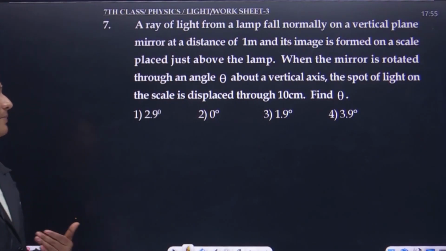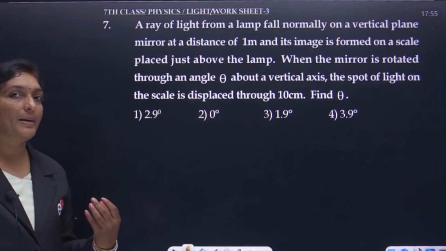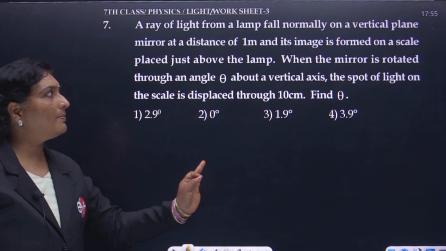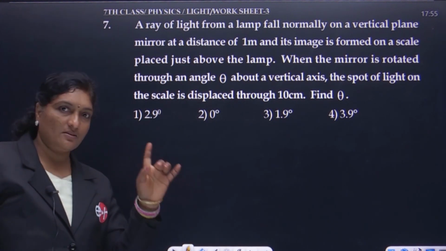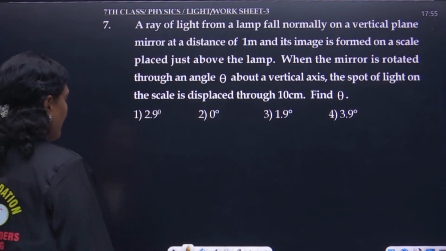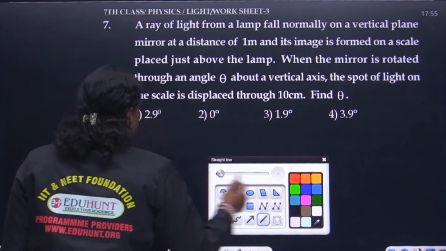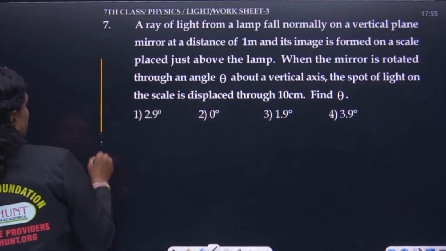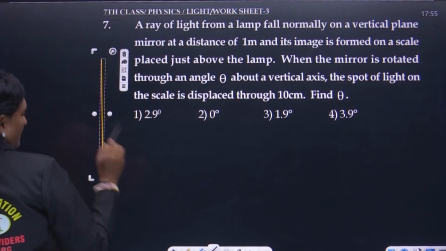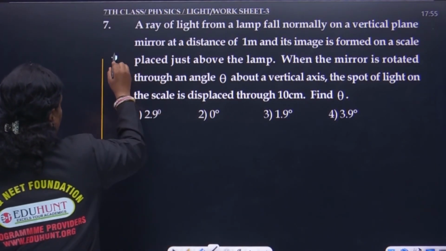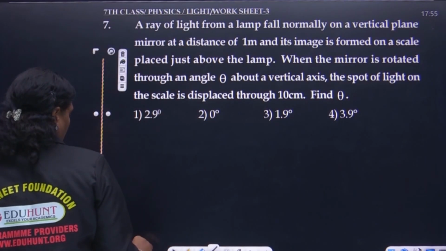A ray of light from a lamp falls normally on a vertical plane. First of all, let us consider that vertical plane. So, here we go. Consider a vertical plane mirror. This is the given vertical plane mirror.